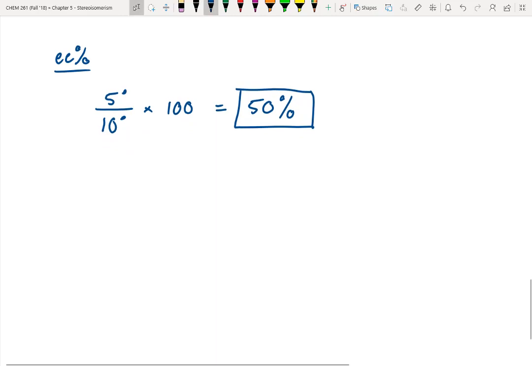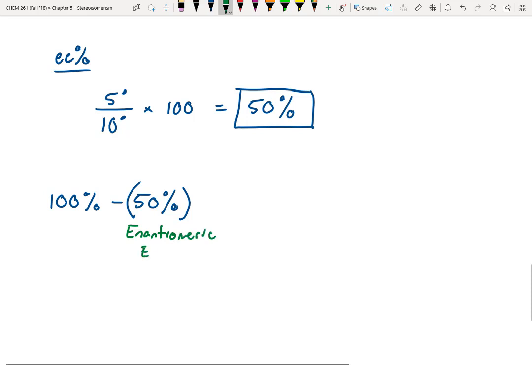So to break this down further, what I do is I say 100% minus my enantiomeric excess. So if you subtract your enantiomeric excess from 100%, that leaves you with some number left over.